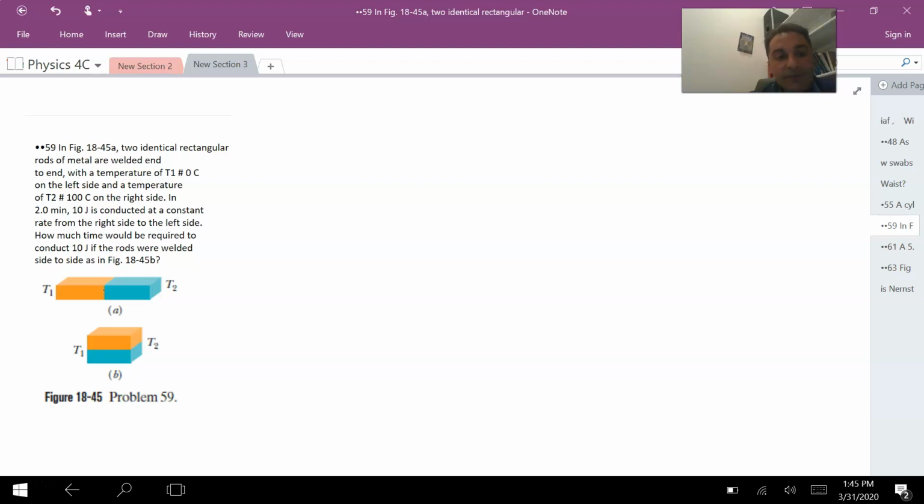With a temperature of T1, here is 0 Celsius on the left and a temperature of 100 Celsius on the other side. So here you have 0 Celsius, here you have what? 100 Celsius.